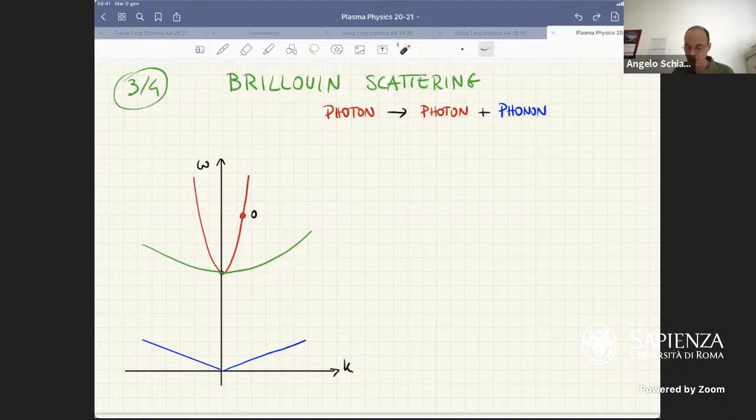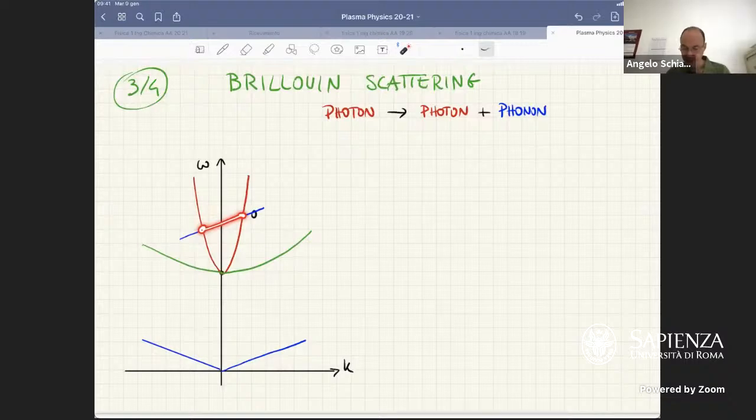So what I do, I take the phonon dispersion relation, I put it here, and I bring it back and find an intersection on the refractive branch. So this is actually a good point.